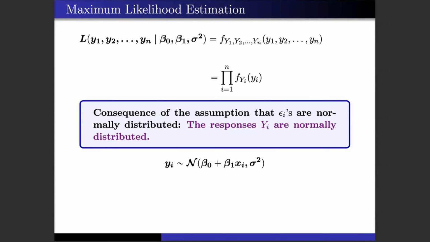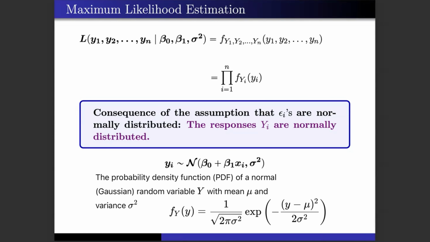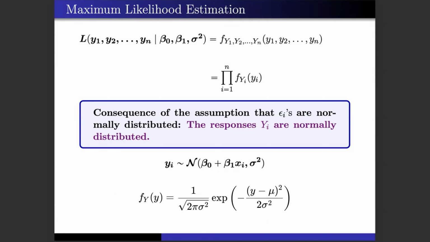Now, if yi has normal distribution, then the density function of yi would be equal to 1 divided by square root of 2 pi times the variance of yi, times e to the power minus (yi minus mean) whole square divided by twice the variance.